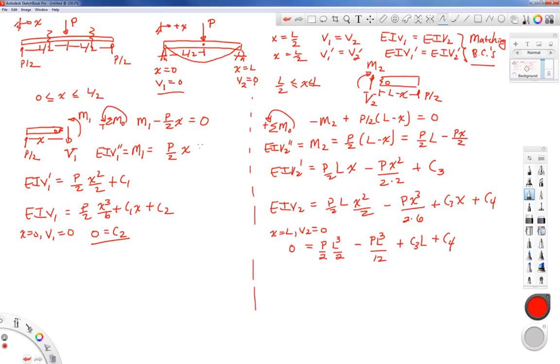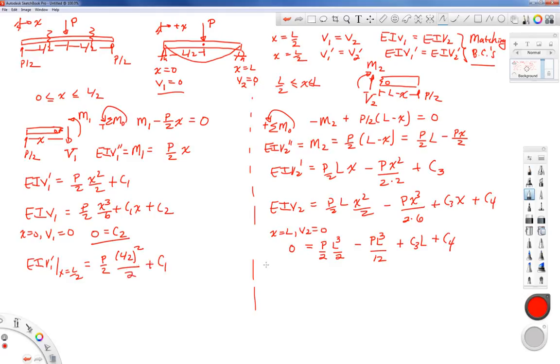Okay, now I'm going to go to my slope equation, and I'm going to set EIV1 prime equal to EIV2 prime when they're both evaluated at the particular position x equal to L over 2. So over here I'm going to have P over 2 times L over 2 quantity squared divided by 2 plus C1.